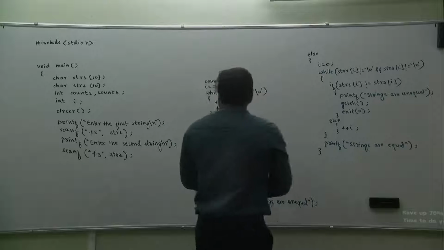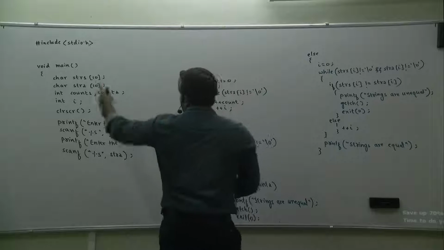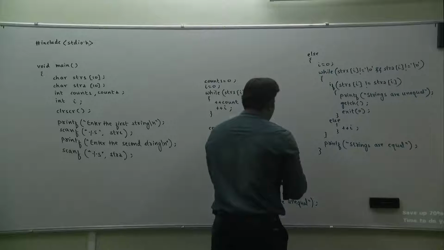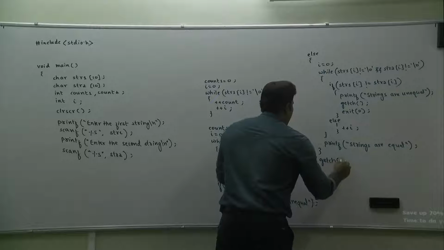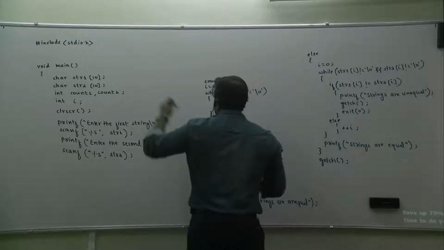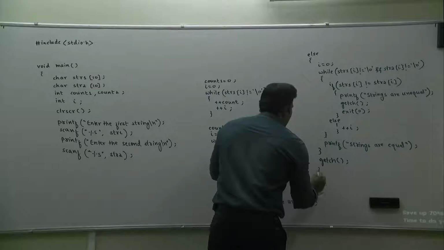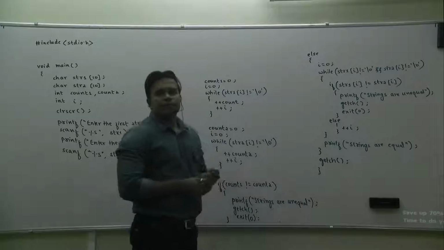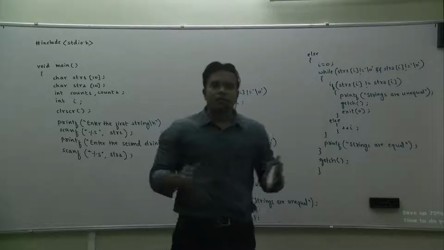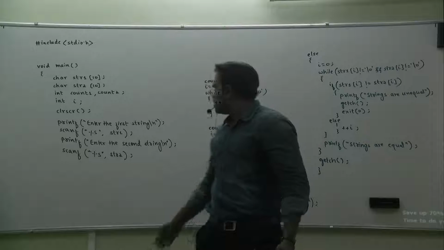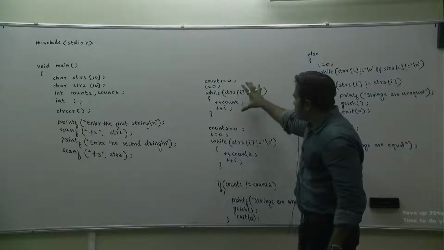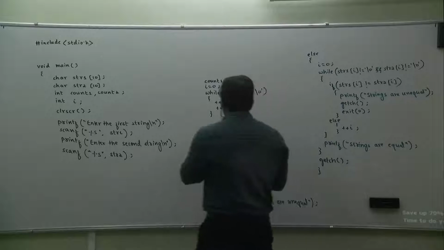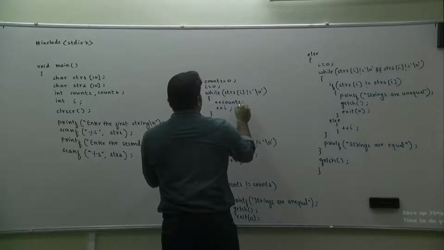In other words, that is the beginning of the main function. At the end of the program, as normal, I would always put a getch, and that is the end of the main function. I hope I have been able to convey. Very simple. I have taken the first string, taken the second string. This is computing the count of the first string. Of course, I should call it count1.